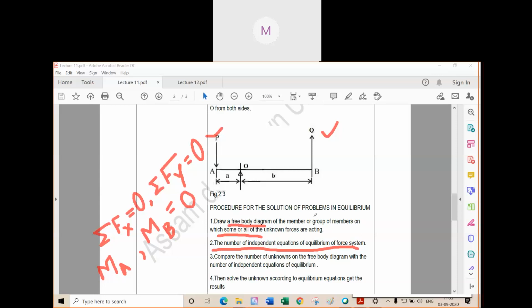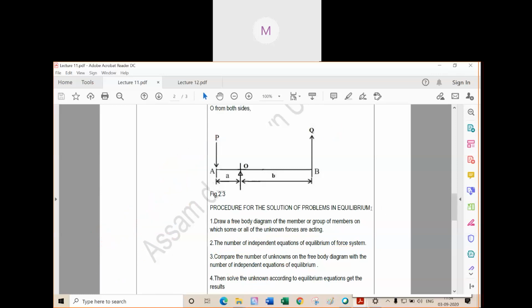Then only you can compare the number of unknowns with the independent equations. And then we have to solve it and get the results. These are the four steps. So how will you get the results?